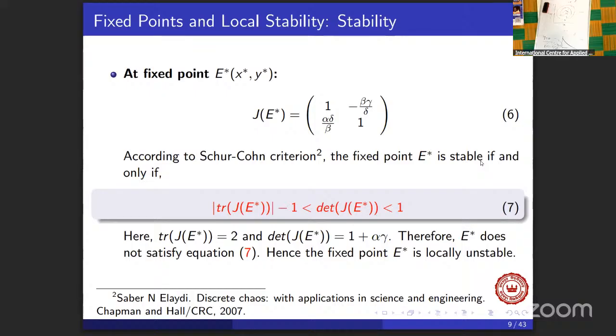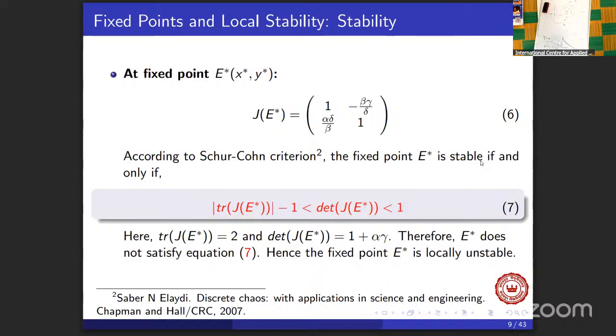The condition is mod trace J star minus 1 is less than determinant of J star, which is less than 1, then the system is stable, otherwise not. So we have to check the inequality mod trace J star minus 1 is less than det J star less than 1. And what will we get?